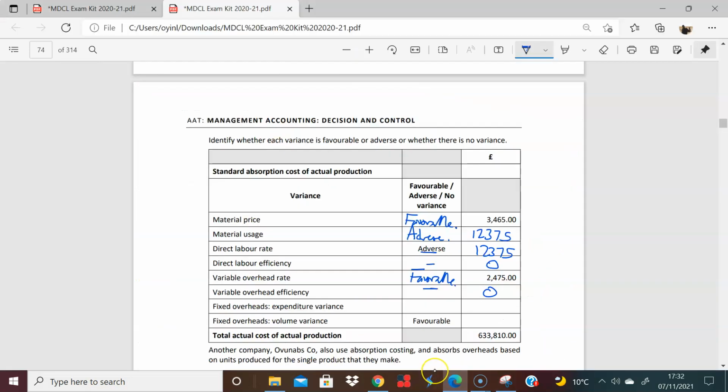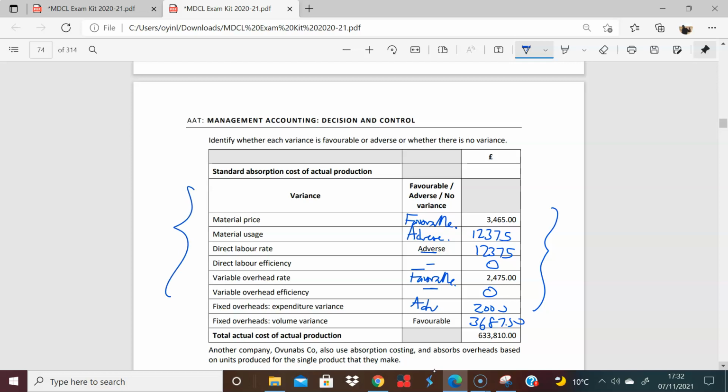So let's just go to this expenditure variance. And the expenditure variance, like I said here, was 2,000 adverse, but the volume variance was 3,687.50 favorable. Yeah. Right, and I think that doing this will cover any other question you get following.